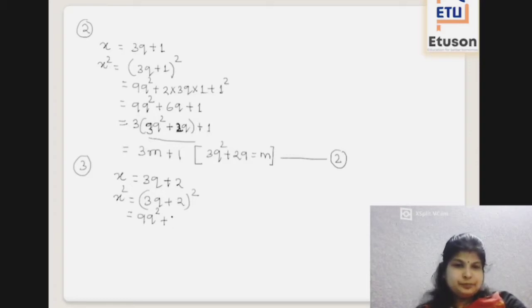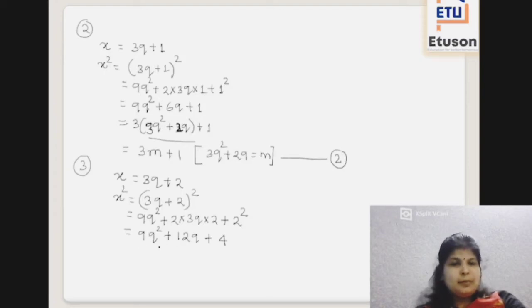So it is 2 into 3q into 2, so 12q, plus your 2 square. 2 square is equal to 4. So you will get 9q square plus 12q plus 4.